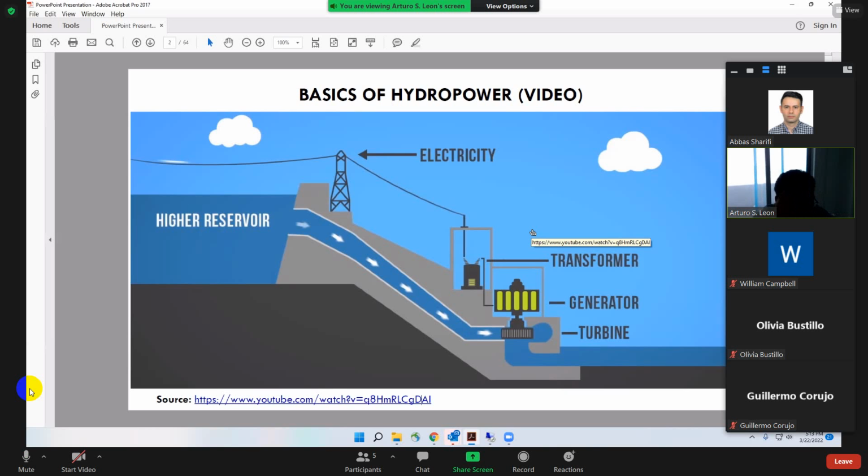Yes, however, it also can have much more benefits. So you have to understand this problem from multiple objectives, from multiple contexts. Because, for example, dams are very important for multiple reasons. One of them is flood control. Because you can store water during the rain seasons, whenever you have too much water, you can store it rather than letting it go downstream.